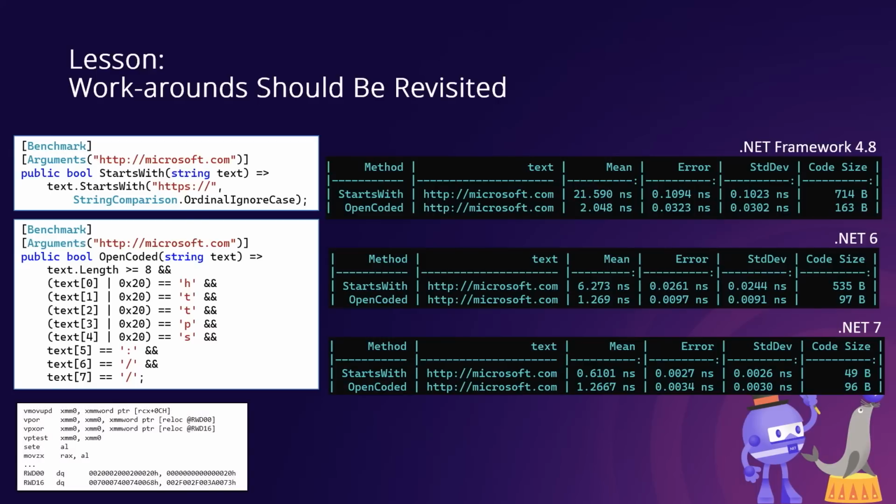And now not only is the open-coded version way more code to maintain, it's also twice as slow as the built-in implementation, where the JIT is now recognizing these patterns and is able to generate the most optimal implementation it can muster for the simple version of the code. And so anytime you're employing these kinds of workarounds, you want to revisit them and figure out whether we can just make the central thing better, everyone can use the central thing, and anytime it gets better, everyone's code gets better.